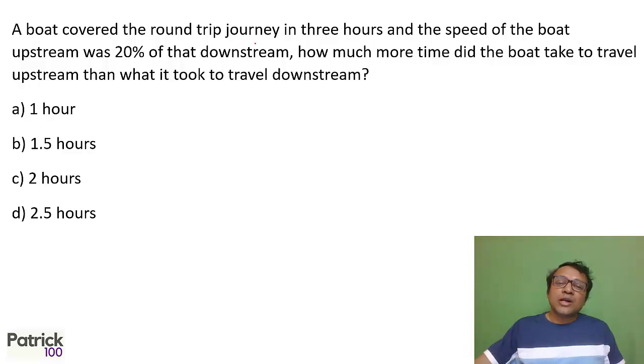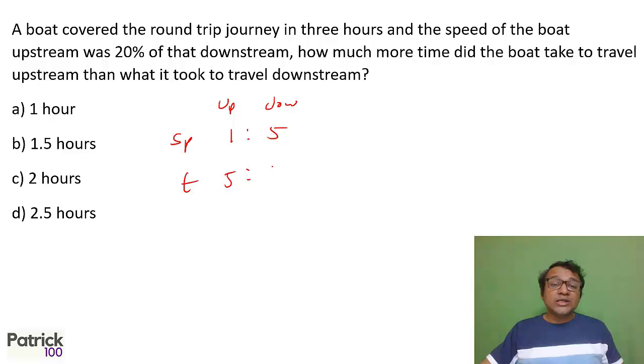A boat covered a round trip in 3 hours. The speed of the boat upstream was 20% of downstream. 20% means 1/5, so the ratio of speeds is 1:5. Remember, the more the speed, the less the time. They are inversely proportional, so if you go faster, you take less time.